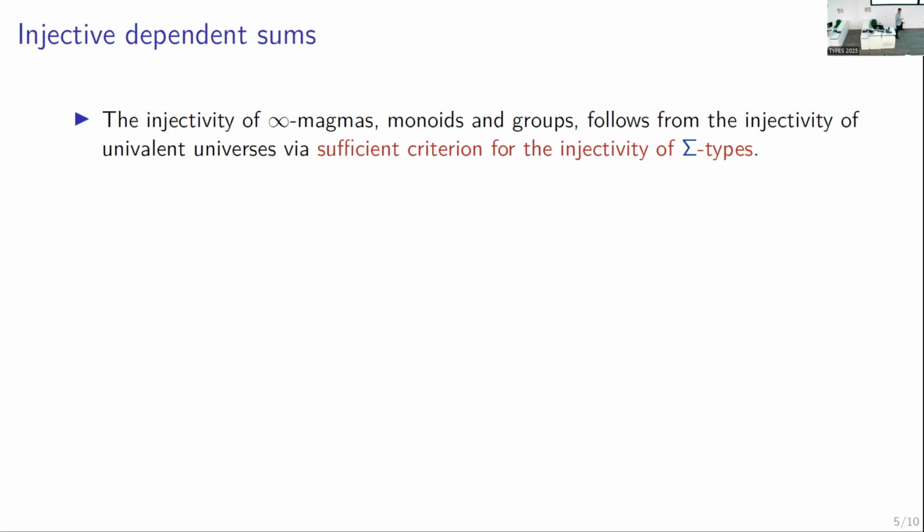So you're really just building a dependent pair, and there's a sufficient criterion that you can just apply, and then you say that the universe is injective, and therefore you just keep extending, and you keep getting injective things. For groups, this basically turns out to be that if you have a bunch of groups, then you can equip the product of the sets of those groups with a group structure again. That's kind of the extension procedure.